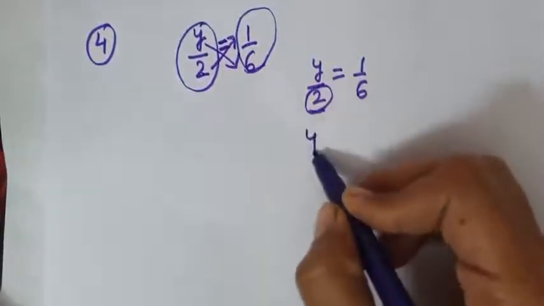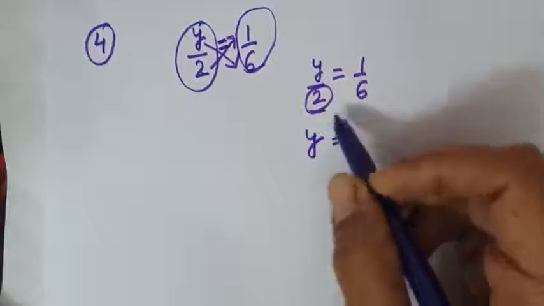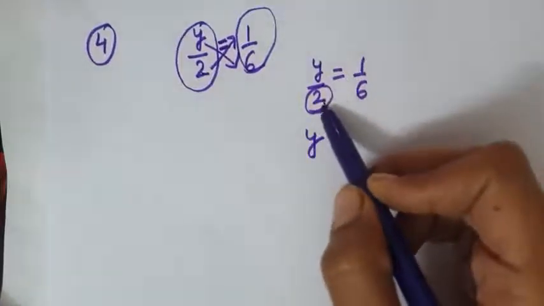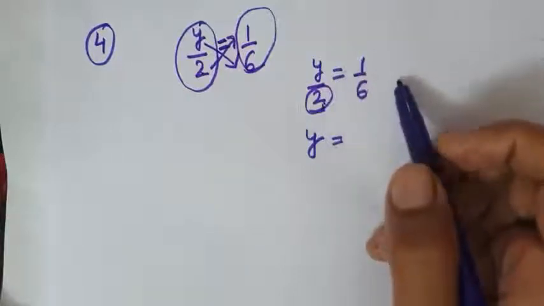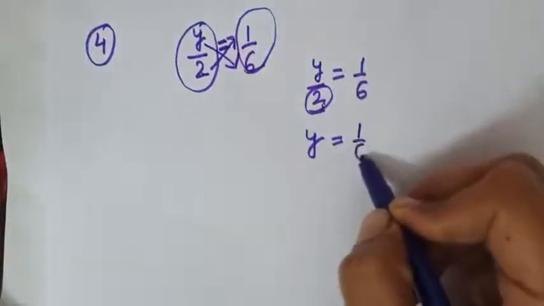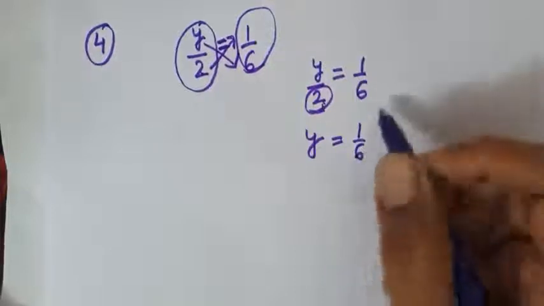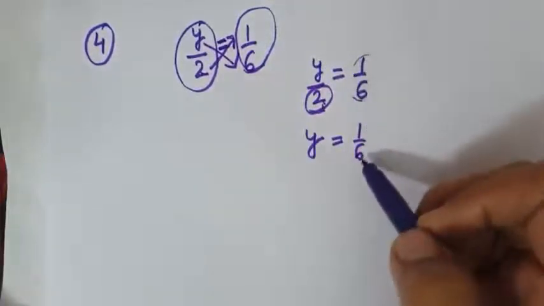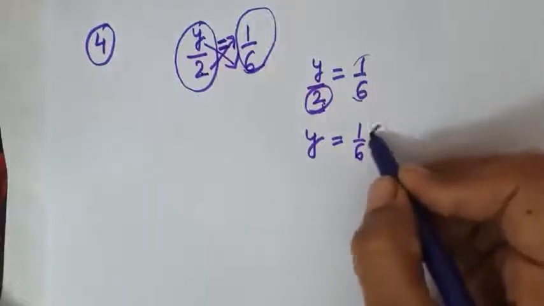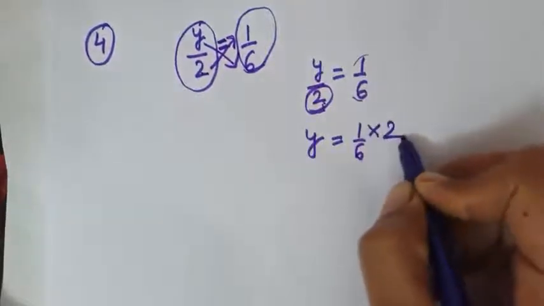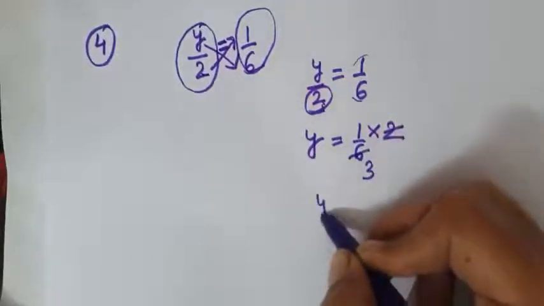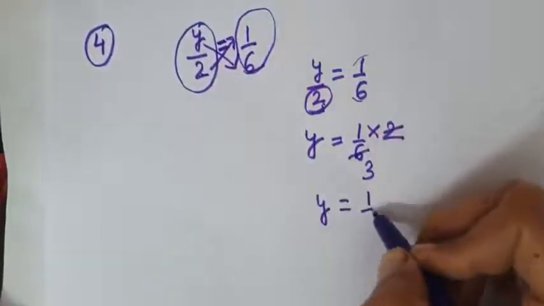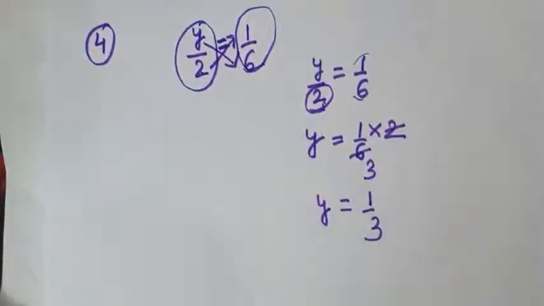Now keep the variable on one side. 2 on division when shifted becomes multiplication. First of all, write the number which is already present on the right hand side. Multiply 2. Now do the cancellation. So what we get? Finally we get y is equals to 1 upon 3.